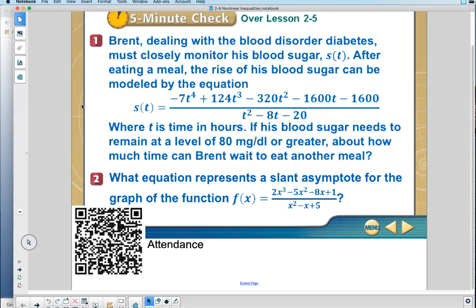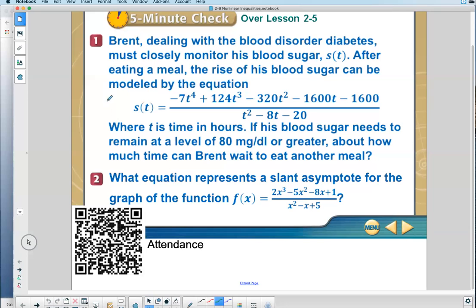The thing about word problems, I mentioned this on lesson 2.4. We didn't really get into it on 2.5, but on 2.4 we did. The key with word problems, if they give you an equation, is just to identify what the variables represent. Here at the front, I have an S of t. I want you to read the problem and find out what S of t represents.